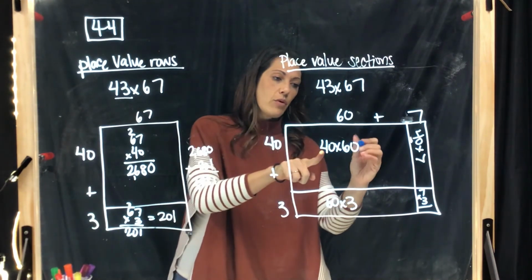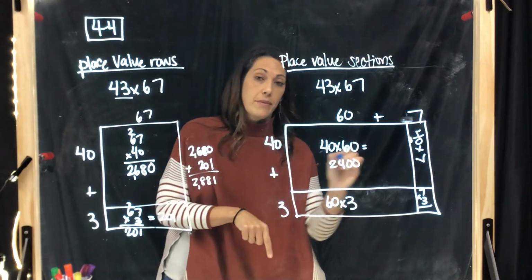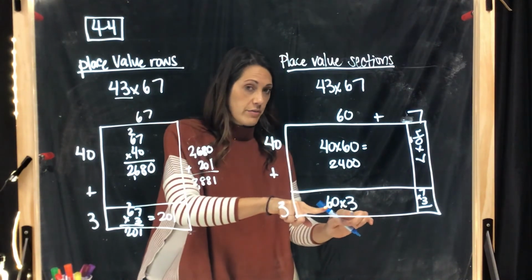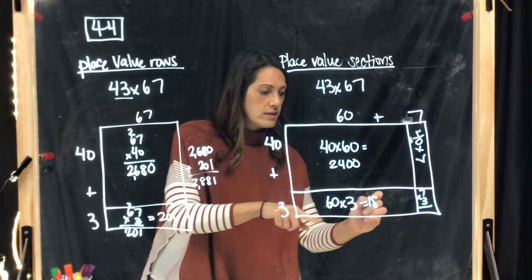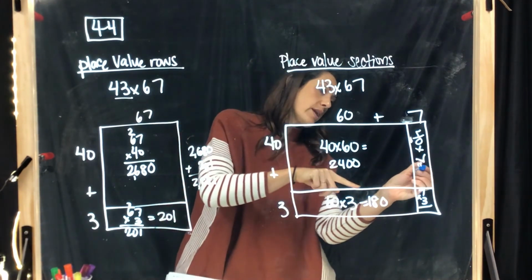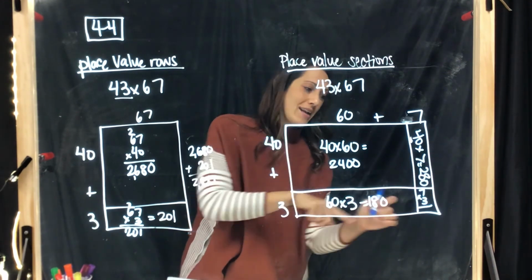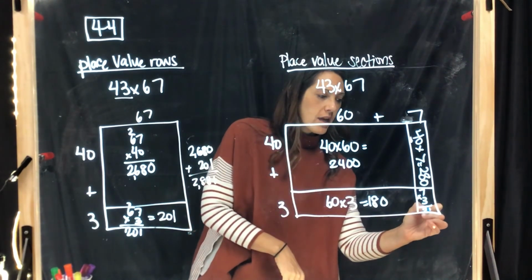So 6 times 4 is 24. I have 2 zeros, add them in. 6 times 3 is 18. I have 1 zero, I'm going to add it in. 7 times 4 is 28. I have 1 zero, I will add it in. And 7 times 3 is 21.